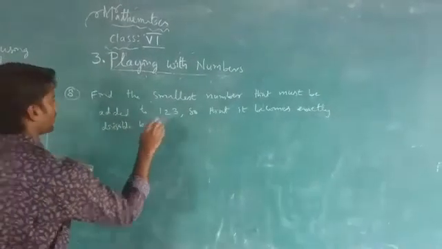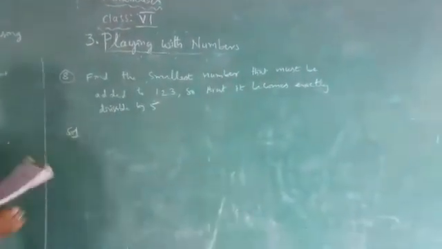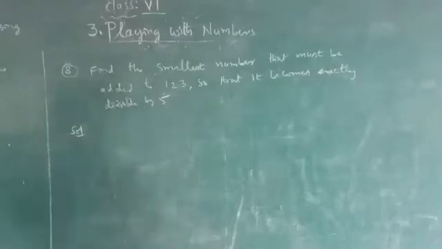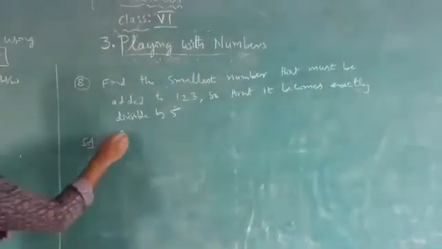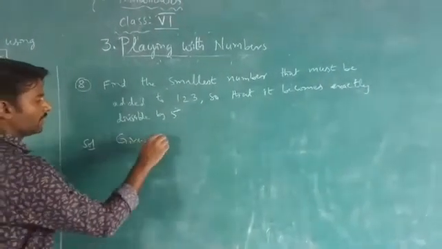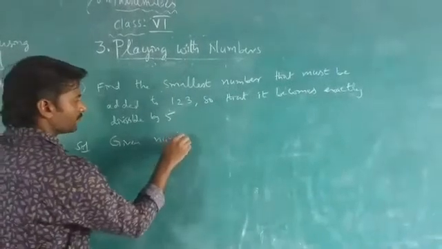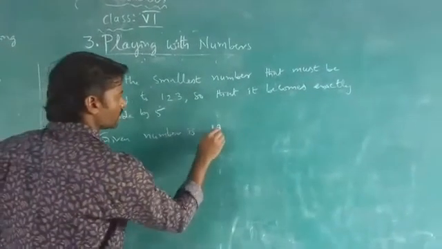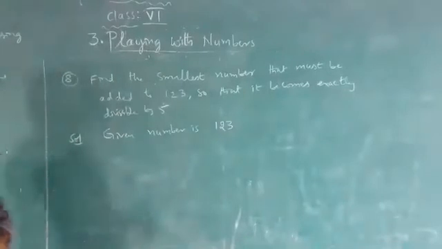Divisible by 5. Logical question, children, this one. Once you understand it, here what is the given number? Given number is 123. So he gave 123.